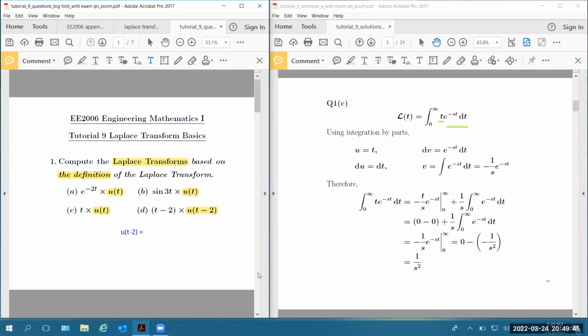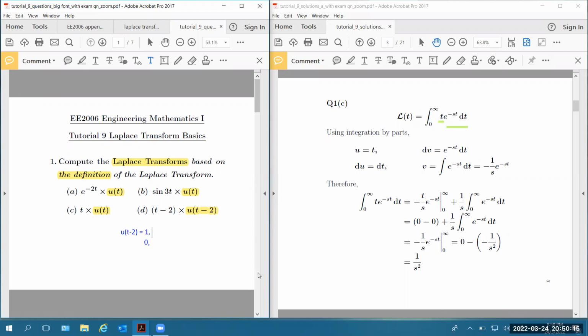All the unit step function can only take two values, 1 or 0, depending on the argument inside. If the argument inside is greater or equal to 0, then it will be 1. If the argument inside is less than 0, then the function value will be 0. So in this case, when will u(t minus 2) be 1?